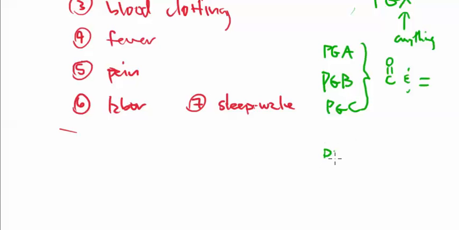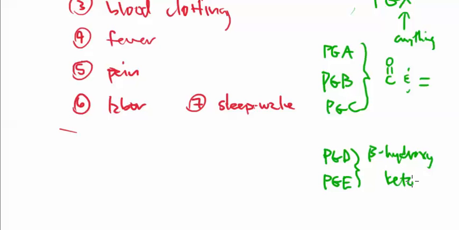PGDs and PGEs. So PGD and PGE, they don't really have a carbonyl and a double bond. The PGDs and E's have what we call beta hydroxy ketones. So beta hydroxy ketones, this is something that you should already pick up very quickly because we talked about this type of terminology last semester. Beta means kind of alpha beta carbon, right?